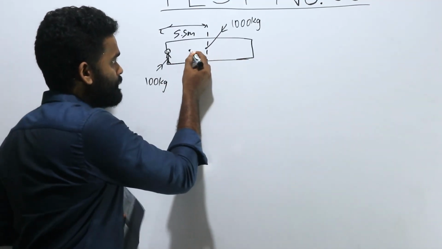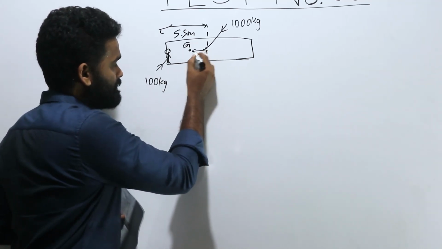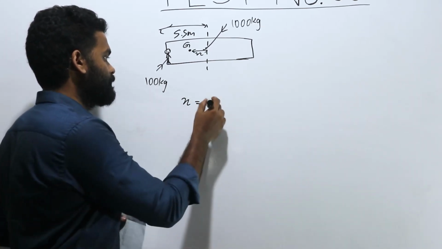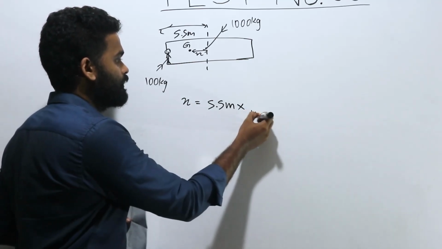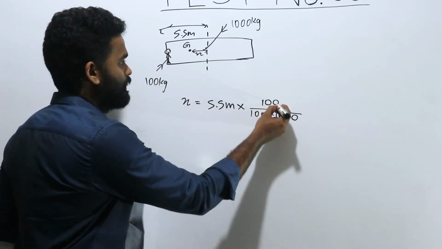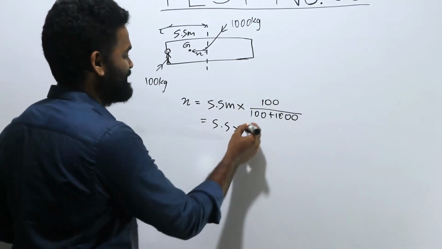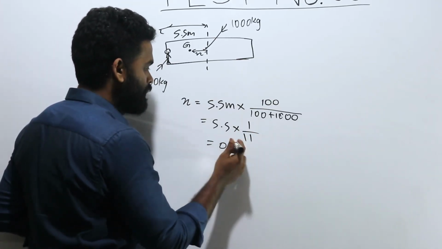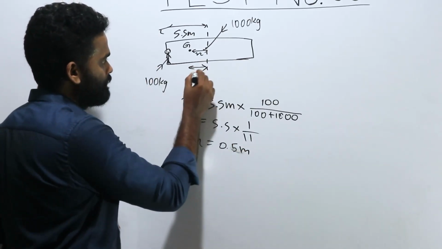So the center of gravity should be somewhere here. Let's say this gap is x, and that should be equal to 5.5 meters times 100 over 100 plus 1000, which is 0.5 meters.